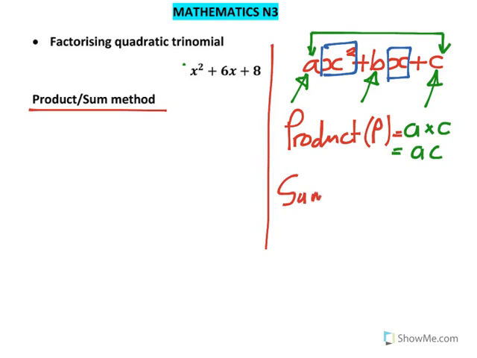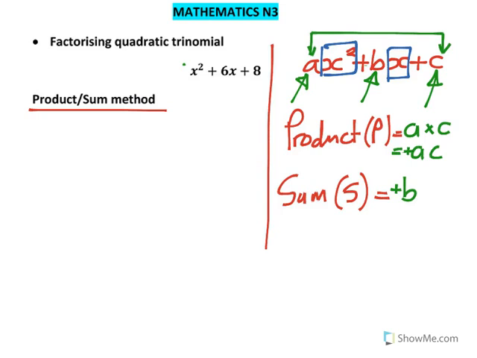The sum is represented by s, and it will be the number remaining after multiplying a and c. In this case, it will be just b. If you multiply a and c, what is left is b. Don't forget to take the signs. B is positive, so you make it positive. A and c were positive, so we make them positive, because signs are very important in this particular method.